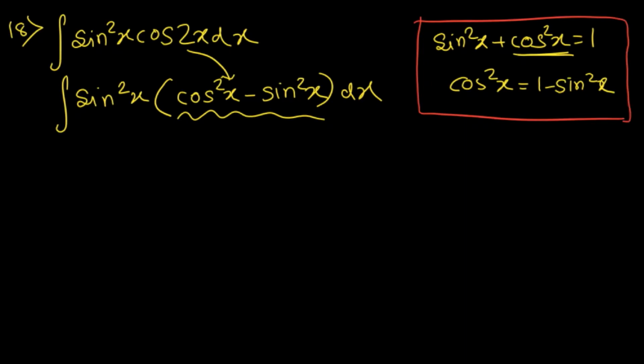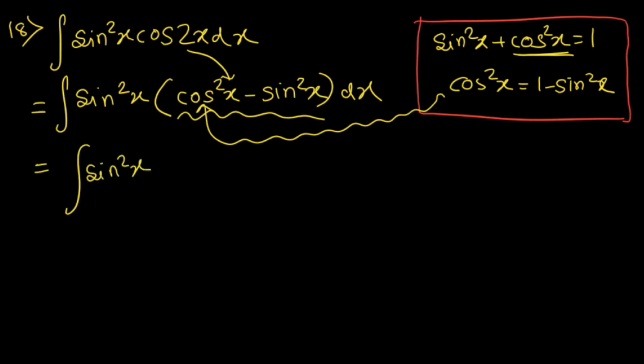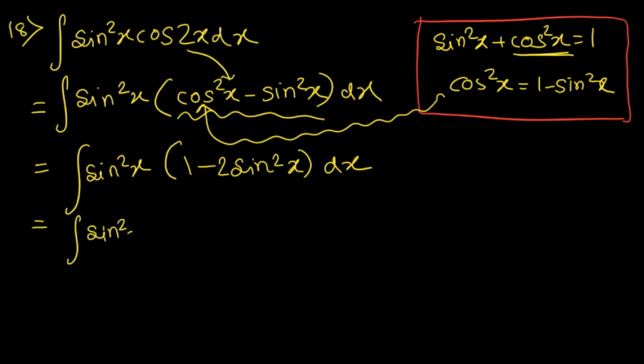So putting the value of cos square x as we obtained here, we get sin square x times (1 minus sin square x minus sin square x), so 1 minus 2 sin square x, dx. So integration of sin square x dx, and on multiplying term by term, minus integration of 2 sin to the power 4 x.